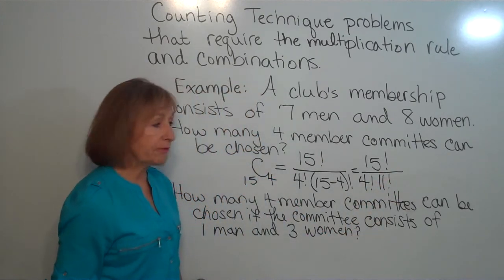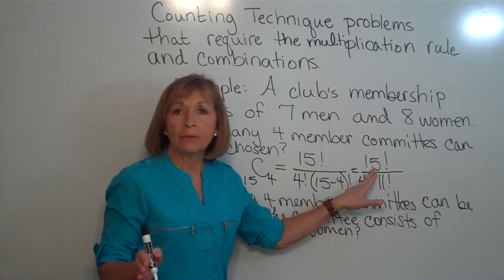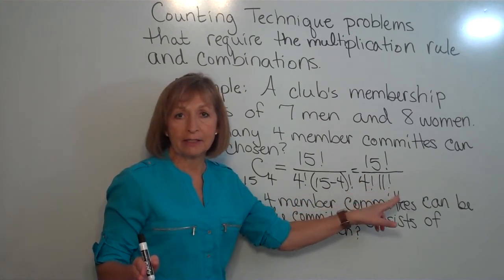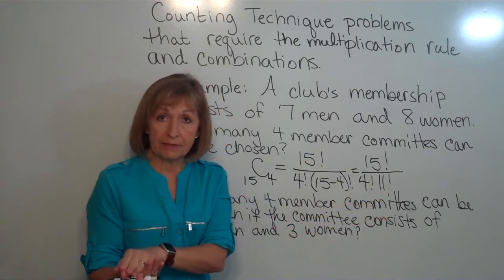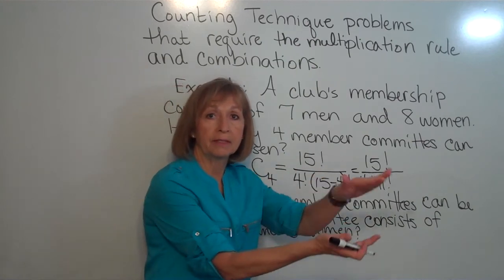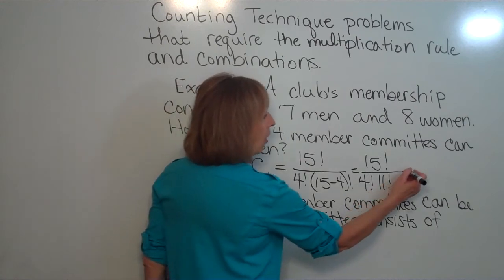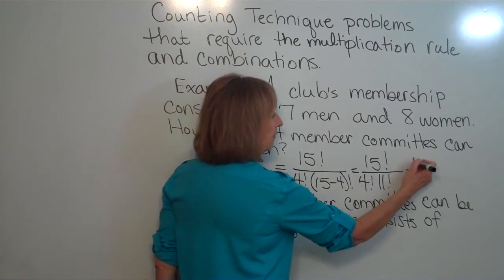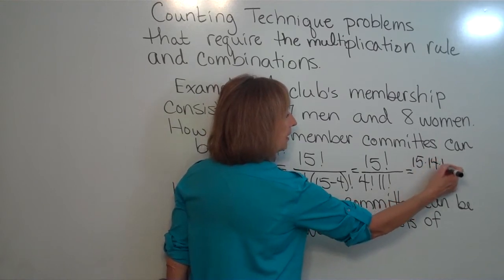When I'm simplifying this, I'm going to run the 15 factorial down till it hits the larger of the factorials in the denominator. So remember, 15 factorial is 15 times 14 times 13 times 12 times 11 times 10, etc., multiplied by all of the natural numbers below it.